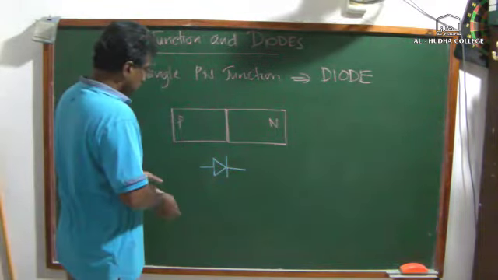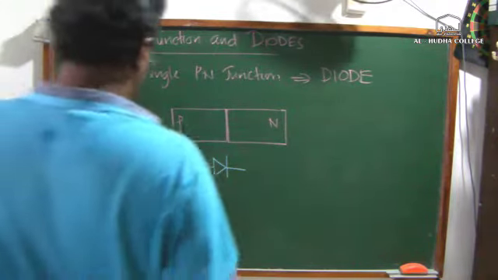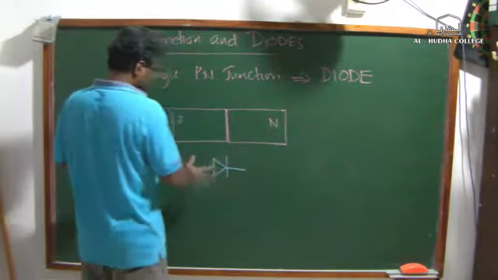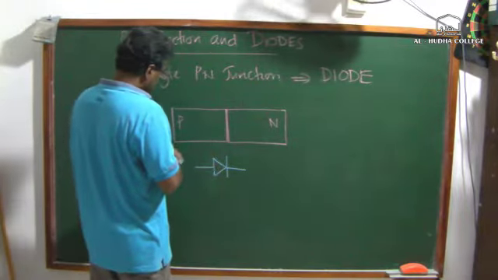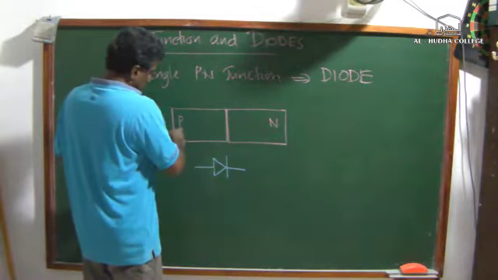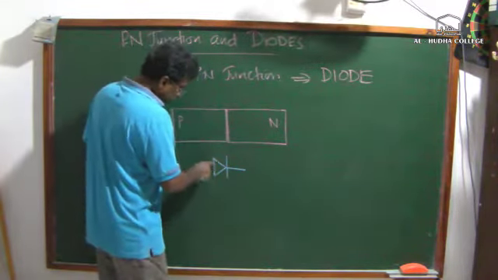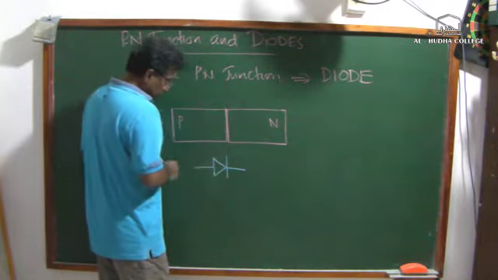Right. So, why do we put this symbol? For you to easily remember, the P-type is this arrow. If we look at this as an arrow, right?